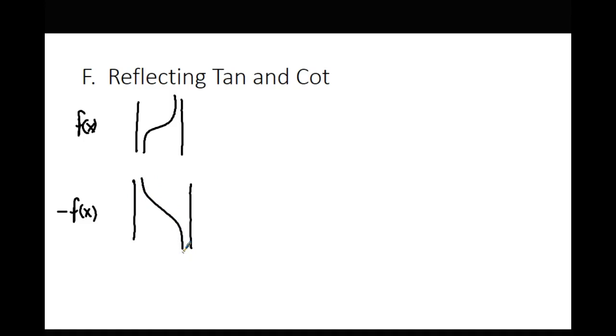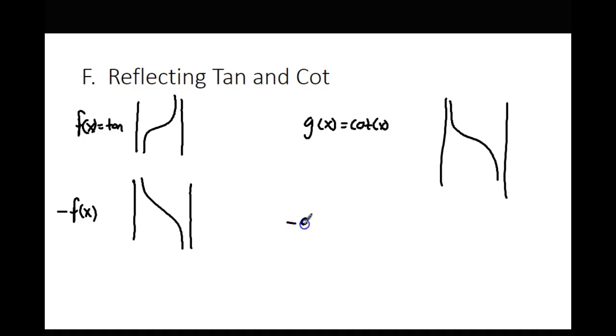Whereas cotangent, let's say g of x represents cotangent. As you guys know, cotangent looks like this. If I put a negative in front of it, that flips it over, and it will look like a tangent function. So basically, if you put a negative in front of it, it has the same direction as the reciprocal function.